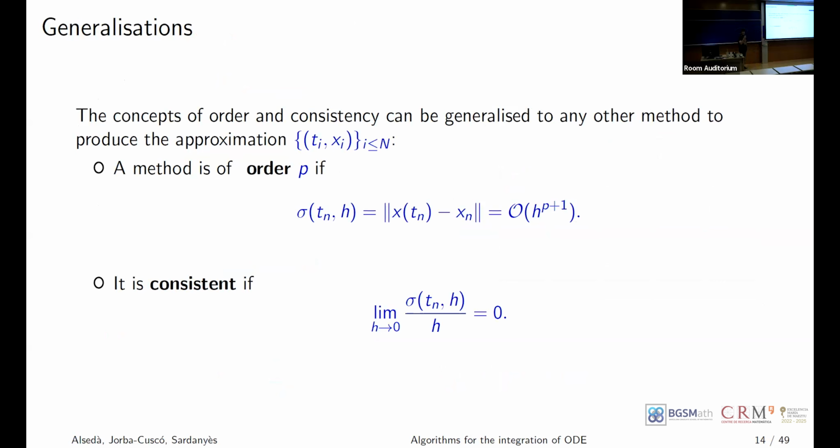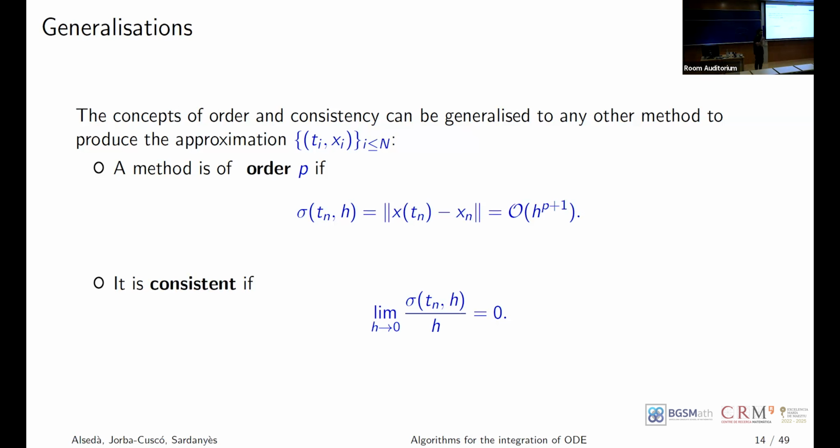Okay, that's some more jargon. This is something I said before. We can generalize this notion that the Euler method has order 1 to this definition. If the local error is of order h^(p+1), we'll say that the method has order p.